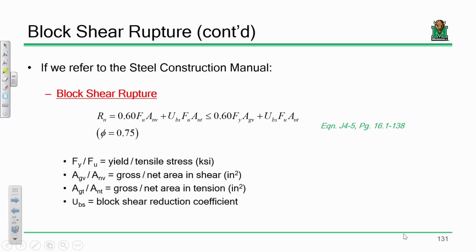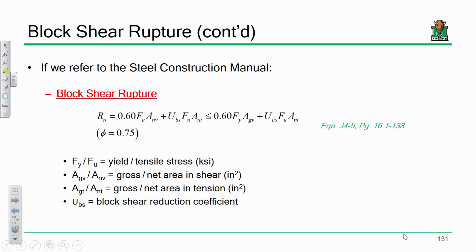Now, to be honest, there's a lot going on here in this equation, but it's really not that bad. Okay, first off, there's Fy's and Fu's. Those are simple. But what about the areas? Well, if you look at the terms like ANV, ANT, AGV, AGT: net area in shear, gross area in shear, gross area in tension, net area in tension.